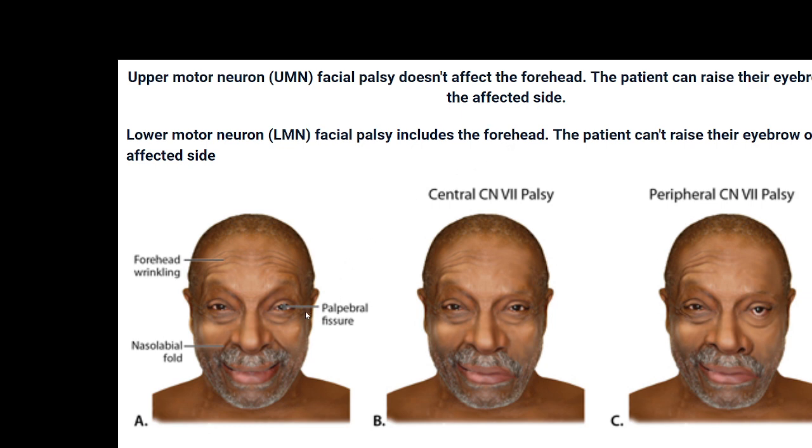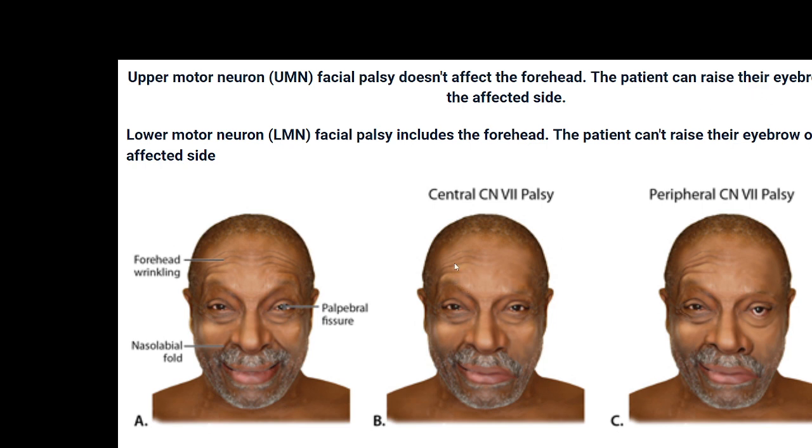In a normal situation, when you close the eyes and raise the forehead, the wrinkles on the forehead are seen uniformly on both sides, and the patient is able to close the eyes properly. In a patient with upper motor neuron palsy, the forehead is not really affected, and the patient can raise the eyebrows fully on the affected side.